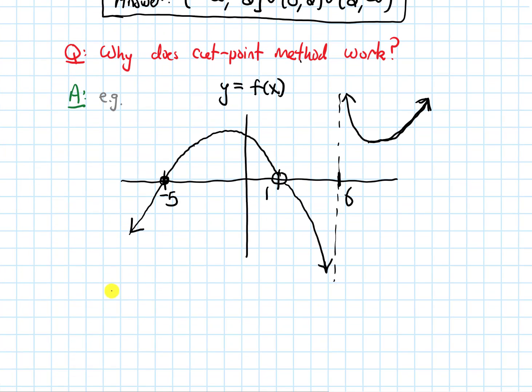So what we want to be able to do with this cut point method is, the general question is, we want to find where our function f is positive and where f is negative. That's our question.